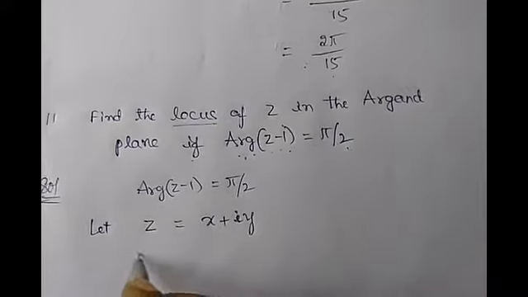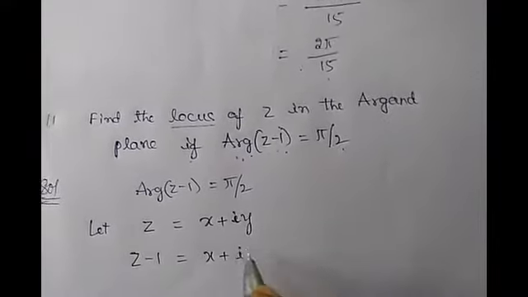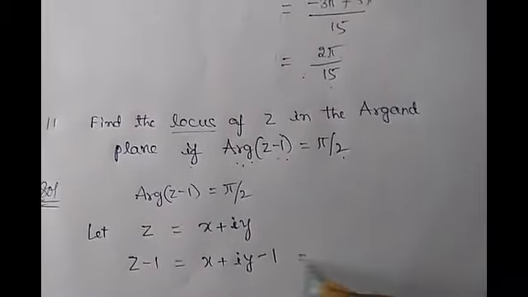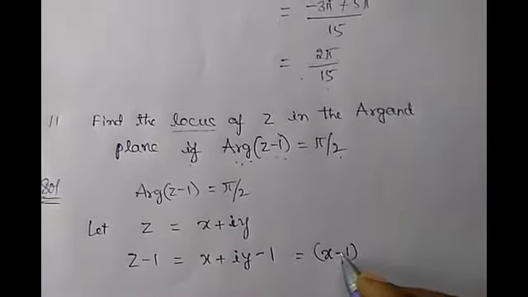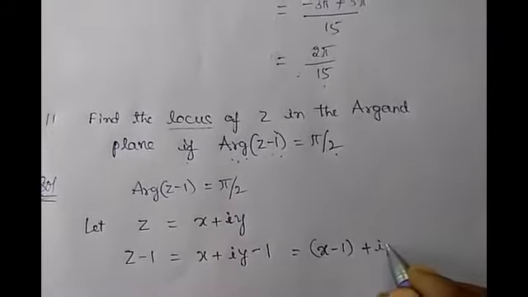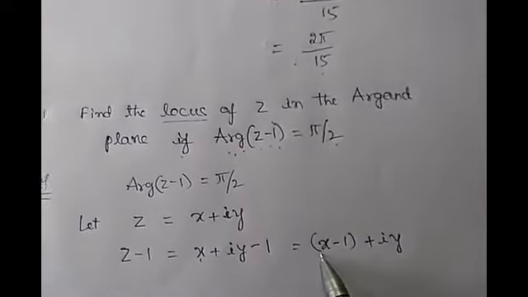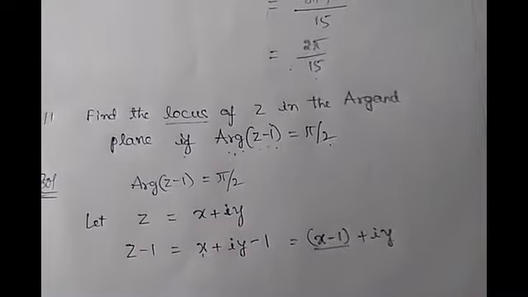Now Z minus 1 gives what? x plus iy minus 1. That means add real parts together and imaginary parts together. So here we are having x minus 1 as the real part plus the imaginary part.